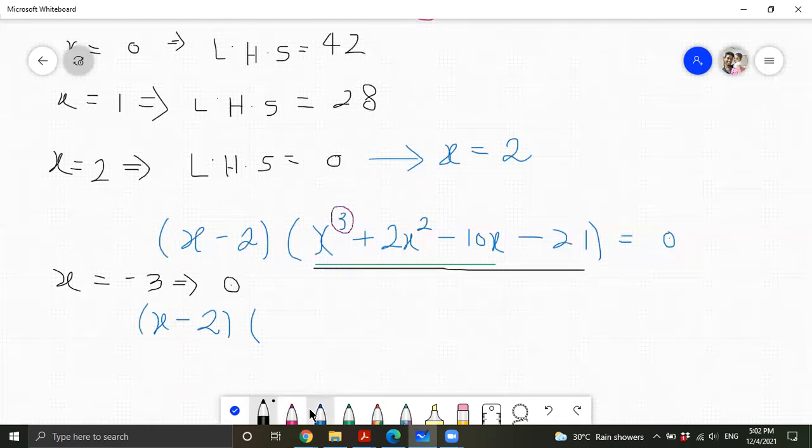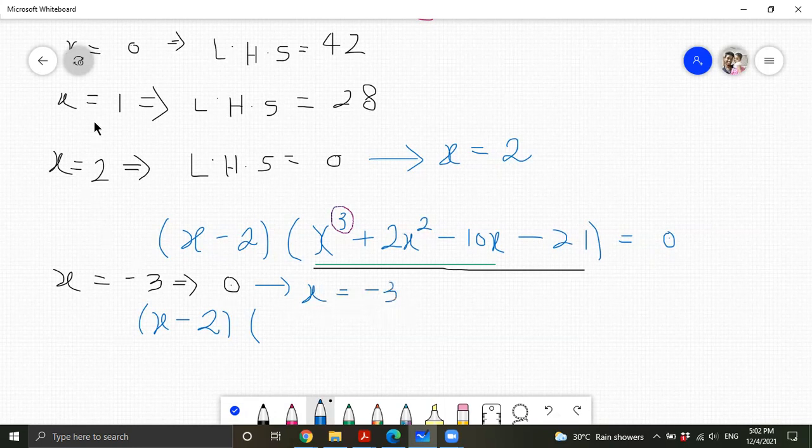So from this, what we can say is x equals minus 3. You can try 0, 1, 2, 3, and if it doesn't make it 0, you can go from minus 1, minus 2, minus 3. That's how I found this minus 3, right? But to save time, I directly put x equals minus 3. Trust me, you'll put this minus 3 and you'll find 0.